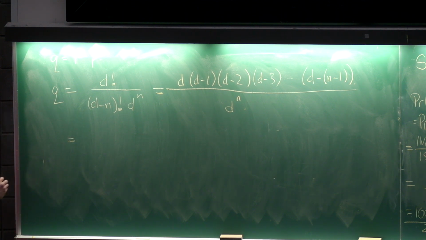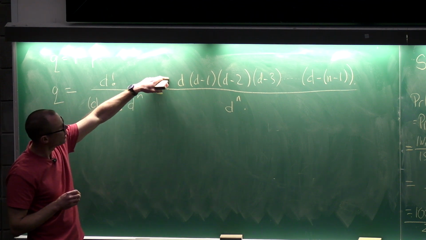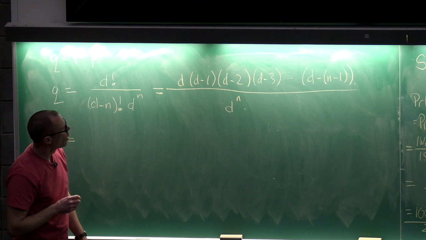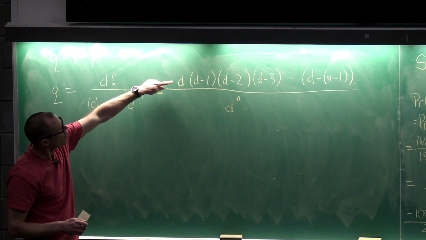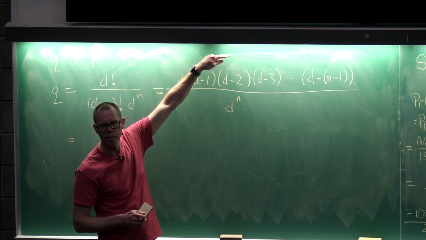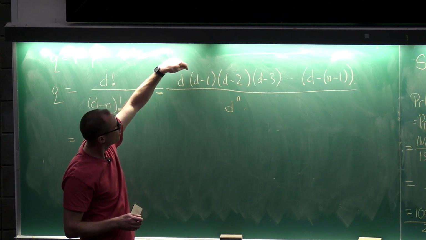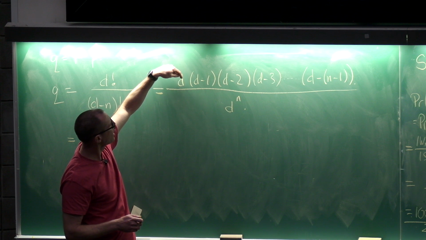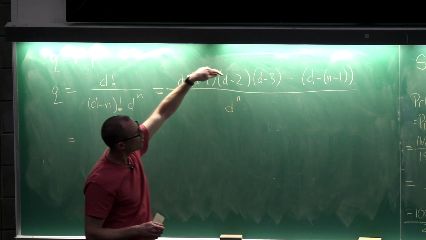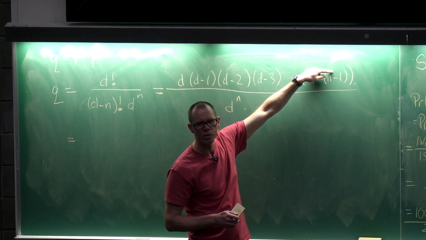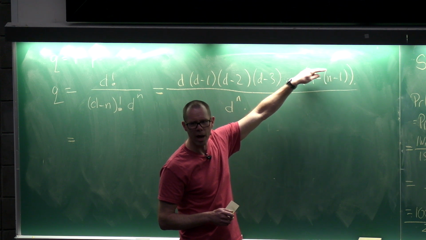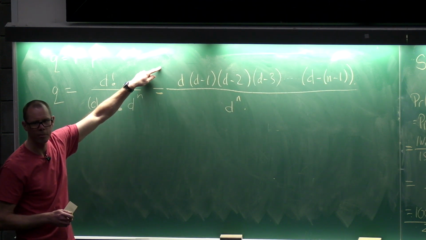And I'll write that out even slightly differently. So what have I got here? How many factors are there on top? If I count down, this is like D minus 0, and then counting down to D minus N minus 1. So that's N things up on top, right?